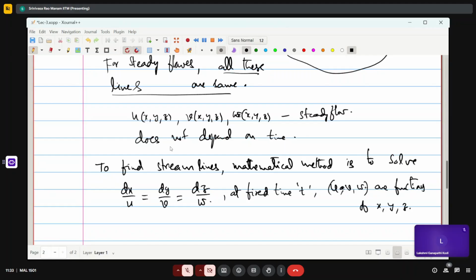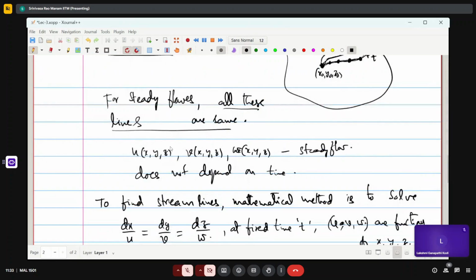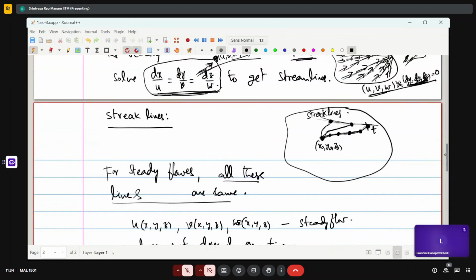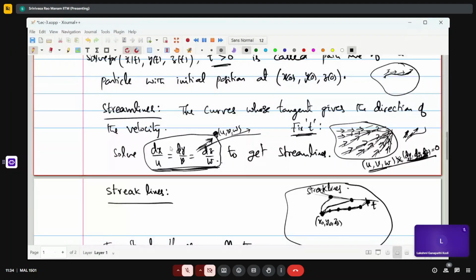Path lines are basically the particle paths. They may cut each other, but streamlines don't cut each other. I drew it wrongly here. Streamlines don't cut.